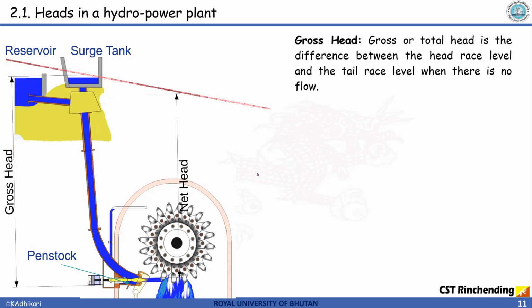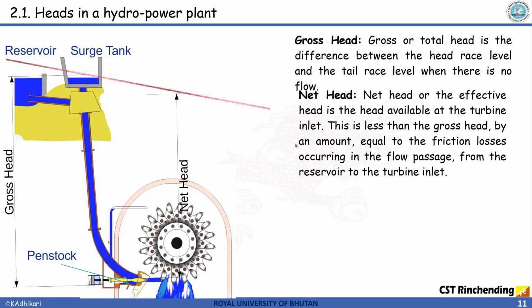By definition, the gross head is the total head, or the elevation difference between the powerhouse, or where the jet strikes the turbine, to the tail race level, or the intake level, you can call it. And the net head, as I explained, is the actual head.